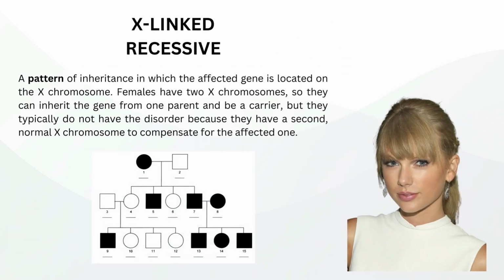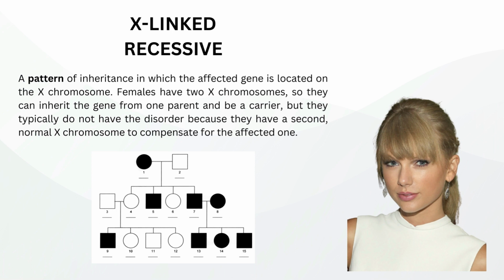X-linked recessive inheritance is a pattern of inheritance in which the affected gene is located on the X chromosome. Females have 2 X chromosomes, so they can inherit the gene from one parent and be a carrier, but they typically do not have the disorder because they have a second, normal X chromosome to compensate for the affected one.